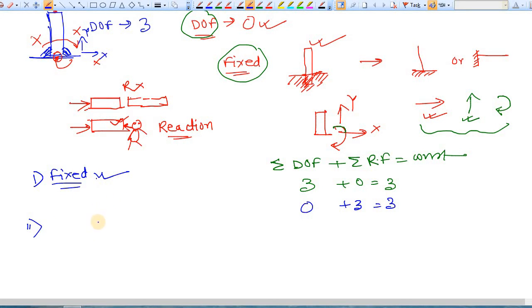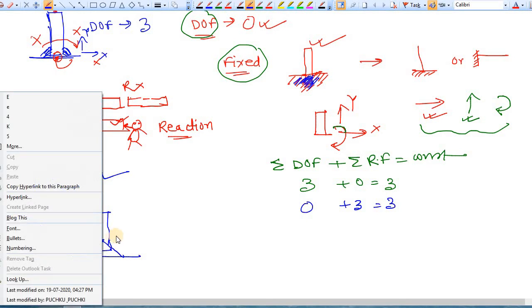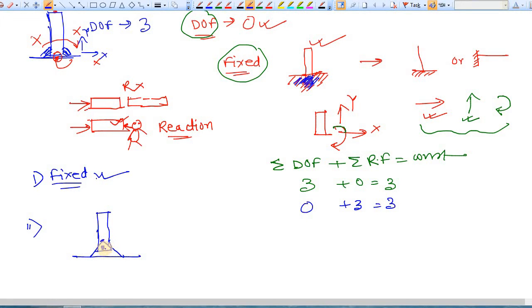What is a pinned support? Well, this was your structure, and this was your ground. Now instead of totally sealing the object to the ground, let's provide a support like this. This is a support, and drill a hole within this object as well as within the support and put a pin.